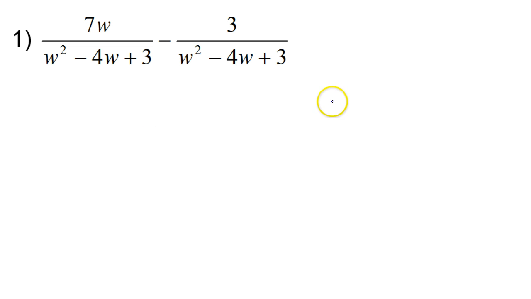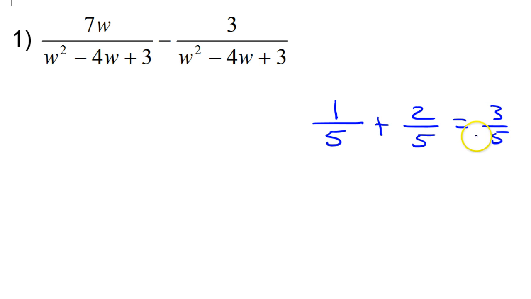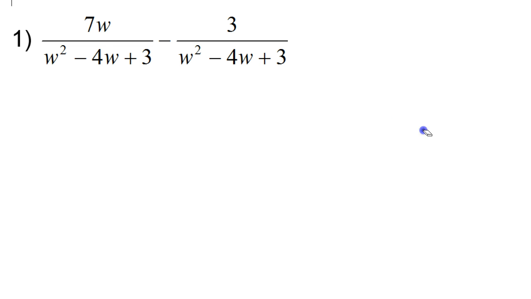Now, just like in elementary school when we learned that 1/5 plus 2/5 is 3/5, we know that if we have like denominators, we can just go ahead and add the numerators and keep the like denominator. It's the same thing no matter how complex the fractions get.